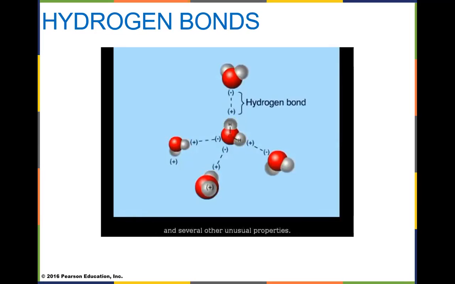Imagine you have billions of these structures in water holding it together, which is why water has this ability to be cohesive. It sticks together. When you pour water out of a glass or turn on the faucet, the water molecules don't fly off into space, they stay together because of this structure.